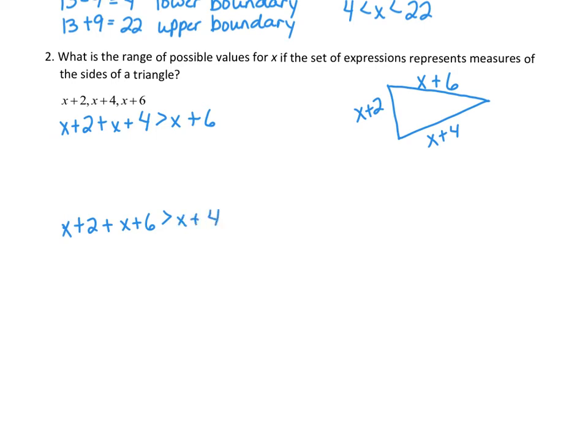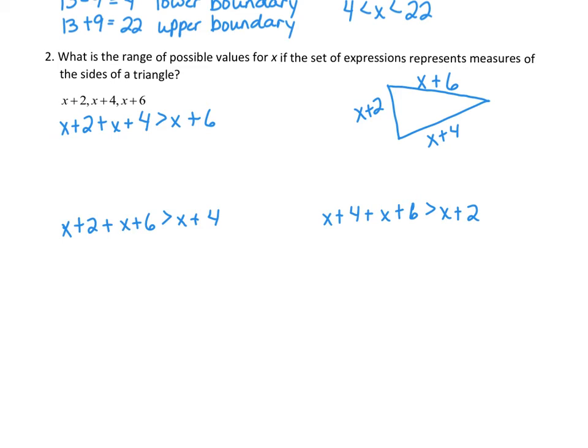And then finally, x plus 4 plus x plus 2 needs to be, oops, excuse me. Let me erase that just a minute. Made a mistake here. That should be x plus 6 has to be greater than x plus 2.